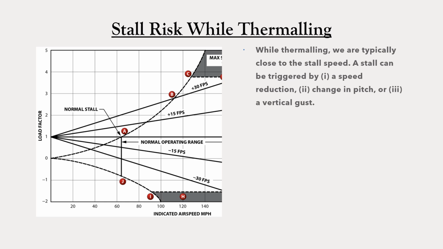These diagonal lines on this chart show different strength vertical gusts, and if you were starting from just flying along straight at 1G, and you hit a gust, that creates wing loading that can move you into a stalled condition.